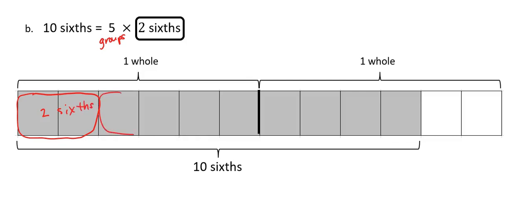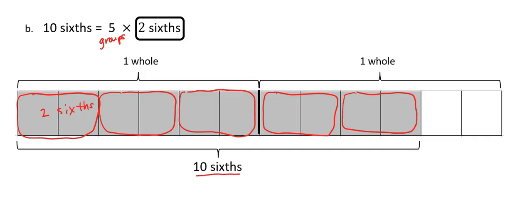And I just need to circle another group. So there's 2 groups of 2/6, 3 groups of 2/6, 4 groups of 2/6, and 5 groups of 2/6. So that proves that 5 times 2/6 equals 10/6, or that 5 groups of 2/6 equals 10/6.